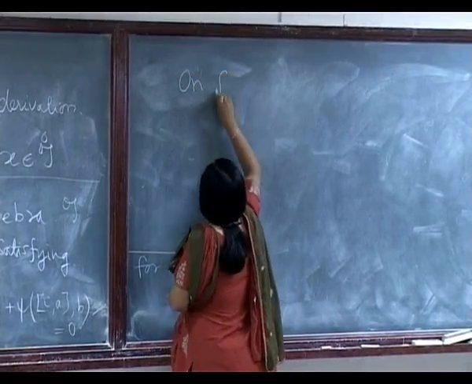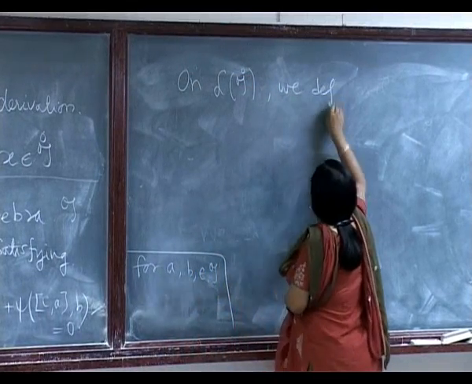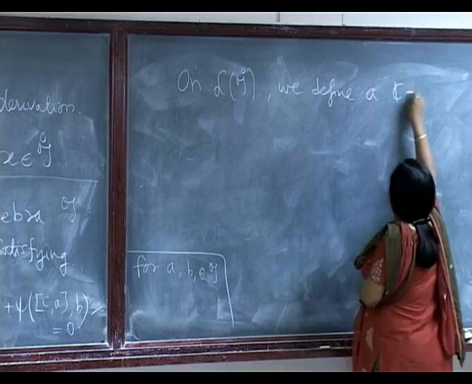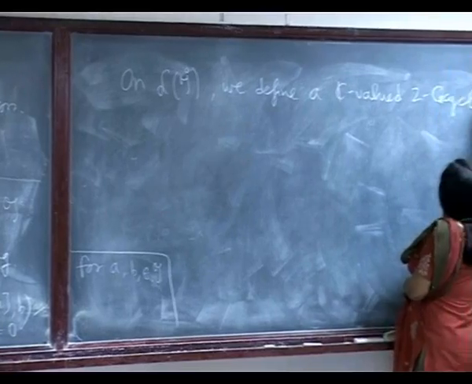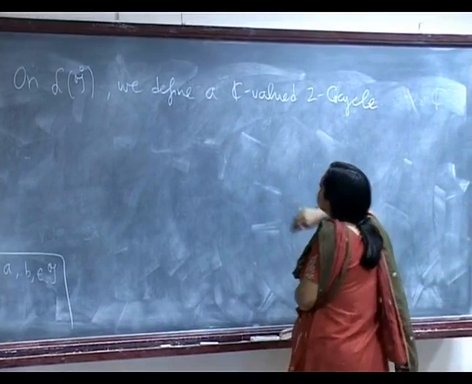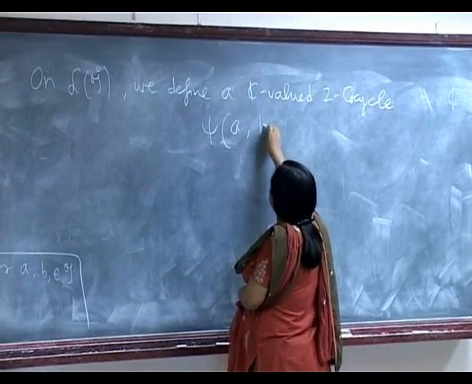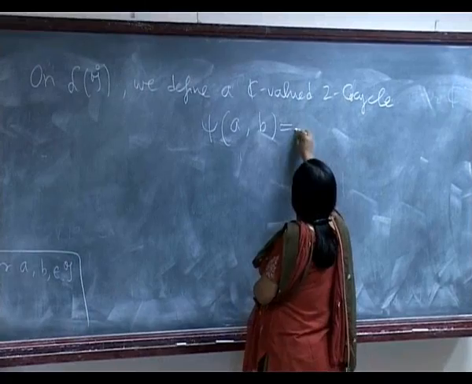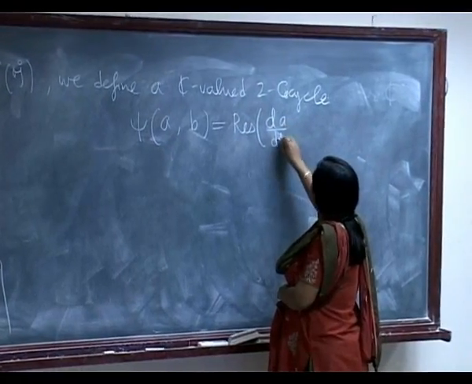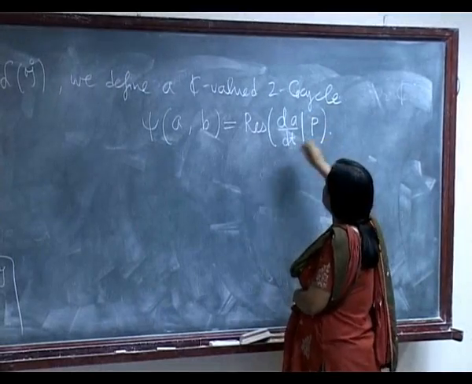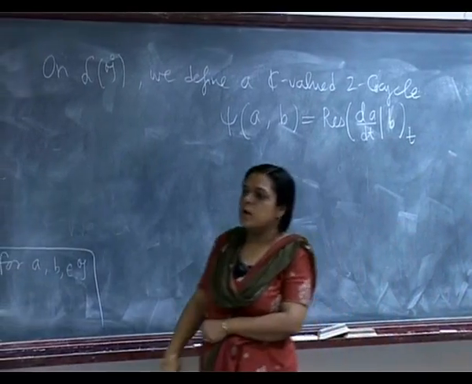On LG naught, on our loop algebra, we define a complex valued 2 cocycle in this way. Psi of say A, B, this is residue of dA upon dt, B, and this is the bilinear form.